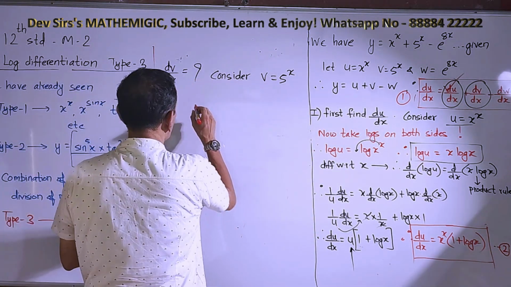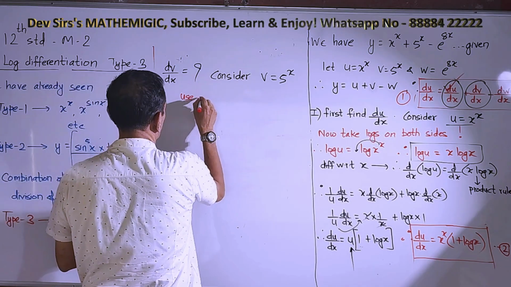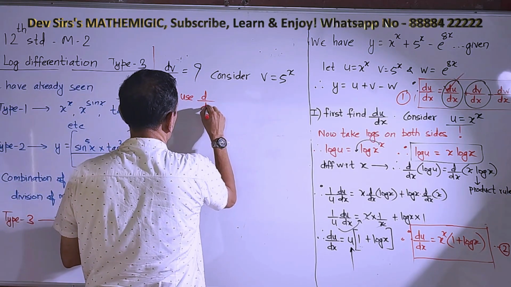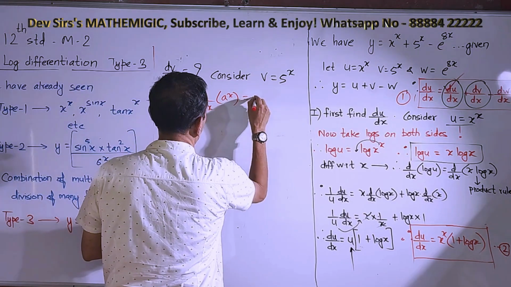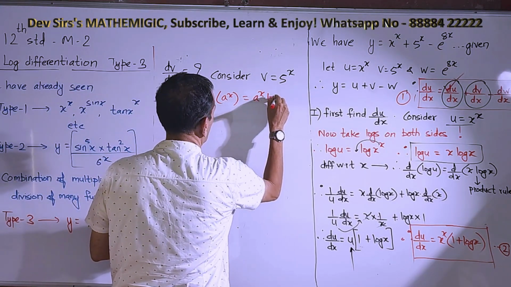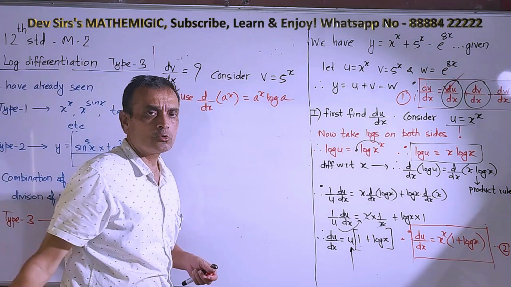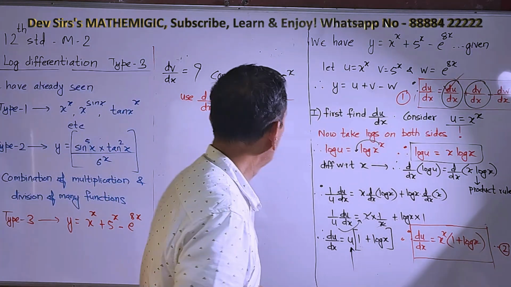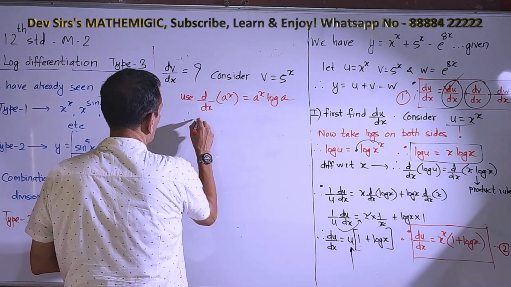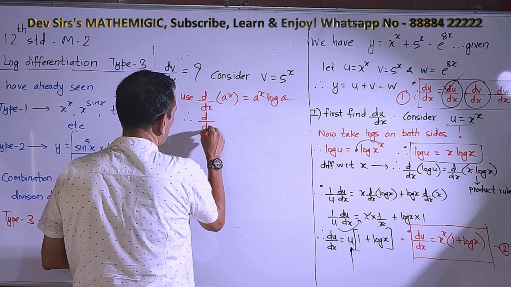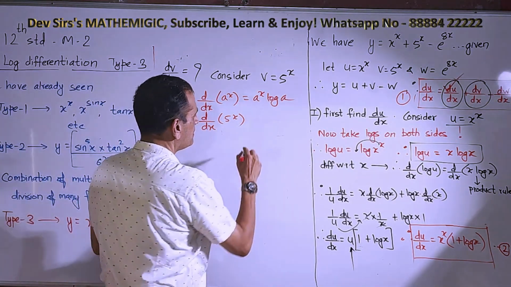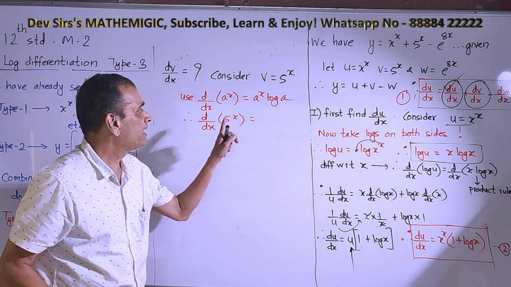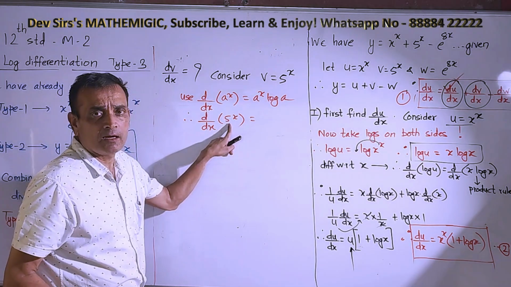See, use a raised to x log a. Therefore, d by dx of 5 raised to x. a की जगह 5 है.